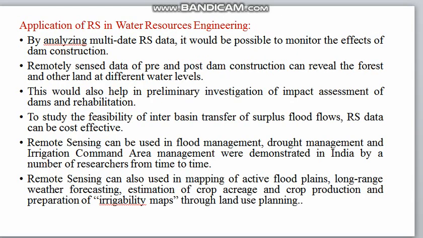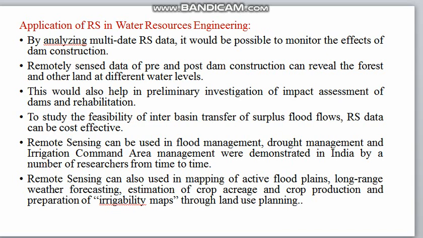Then, application of remote sensing in water resource engineering. By analyzing multi-date remote sensing data, it will be possible to monitor the effect of dam construction. Remotely sensed data of pre- and post-dam construction can show the forest and other land at different water levels.